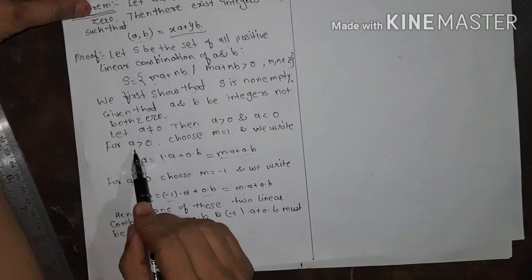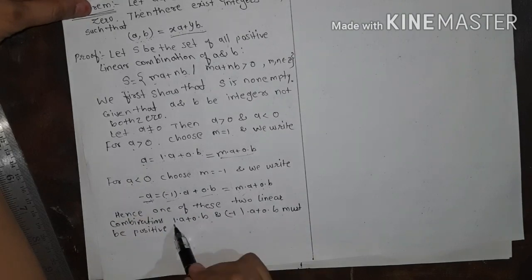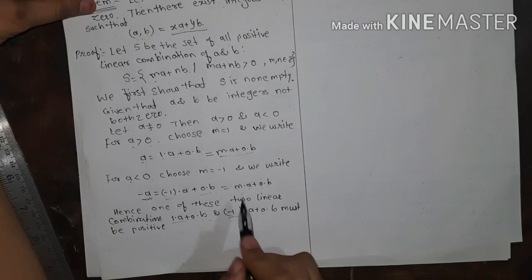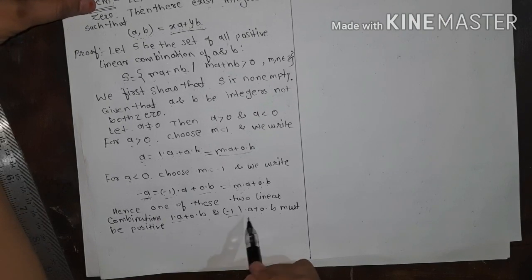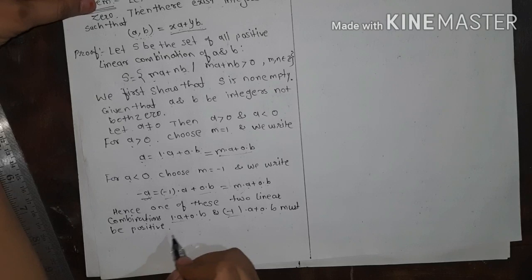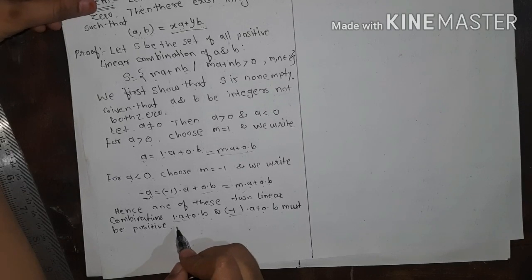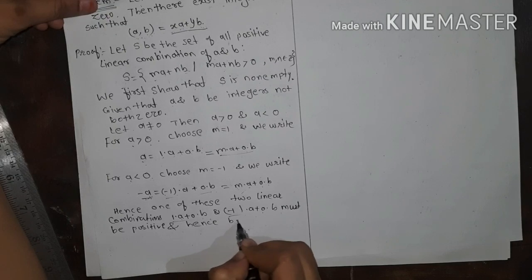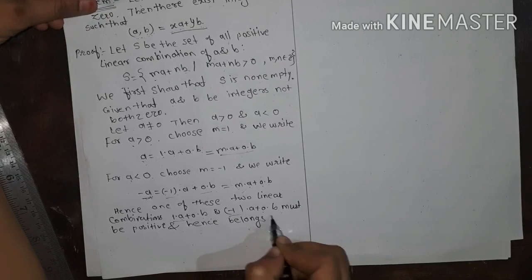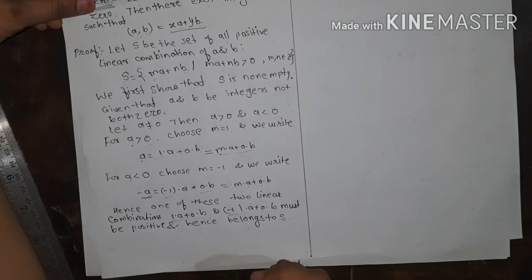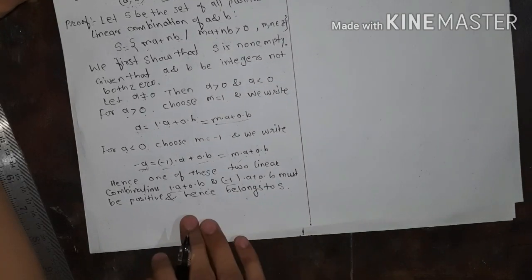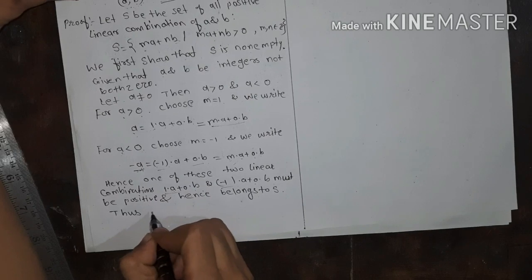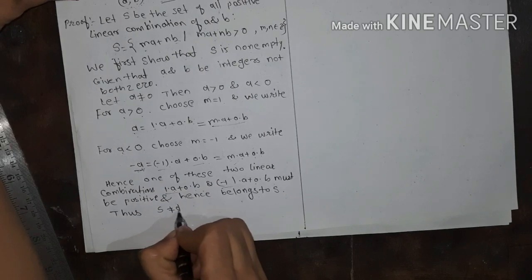When A is greater than 0, the first is positive, and when A is less than 0, the second is positive. So at least one of these is positive, so it belongs to S. Thus this implies S is non-empty.